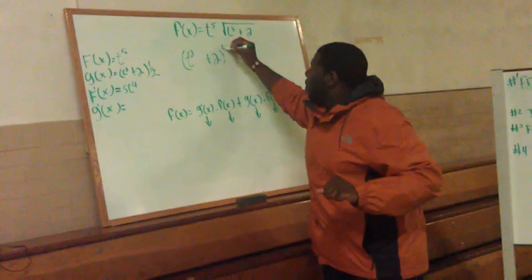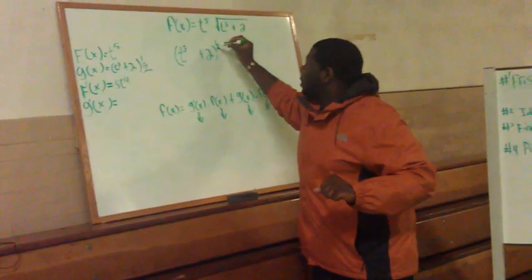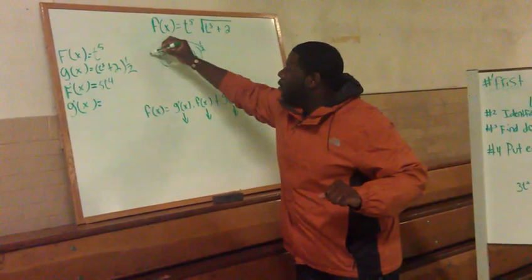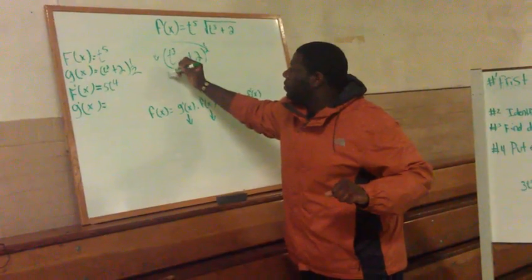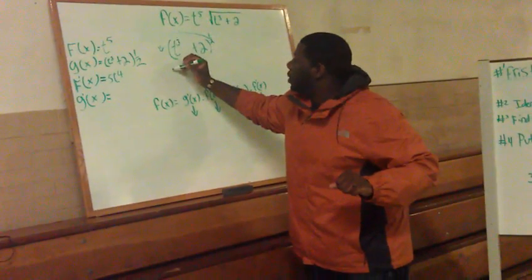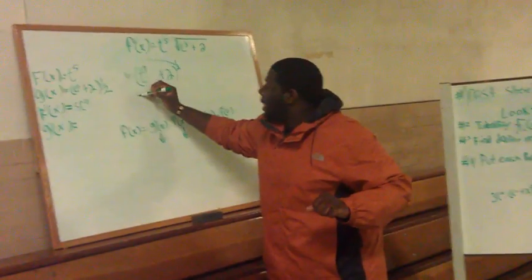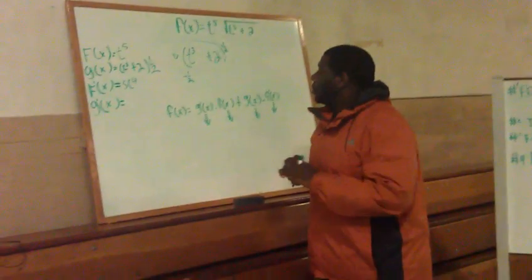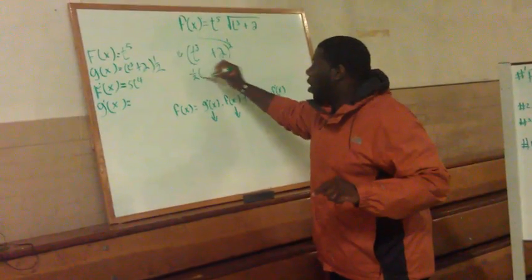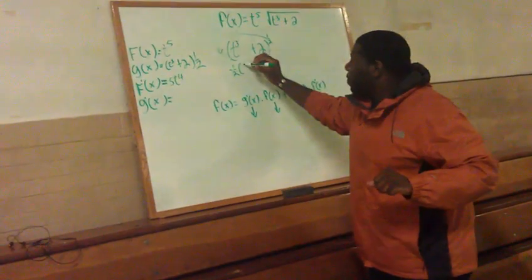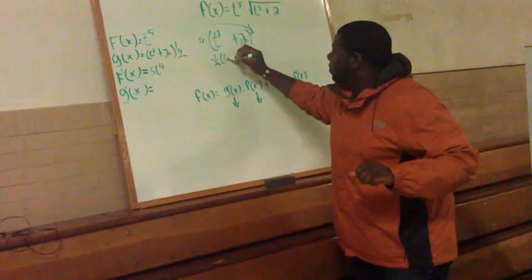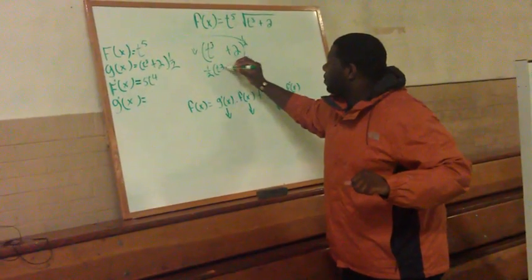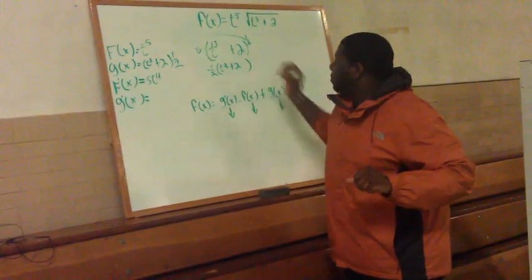We have our 1/2 power there. We take our 1/2 power, multiply it by 1, and it's going to come out to negative 1/2. And then we keep our brackets and we put everything back: t cubed plus 2.